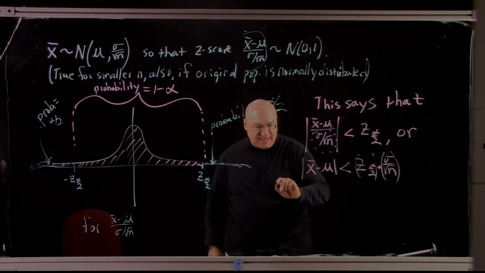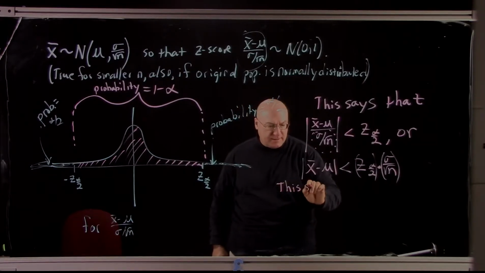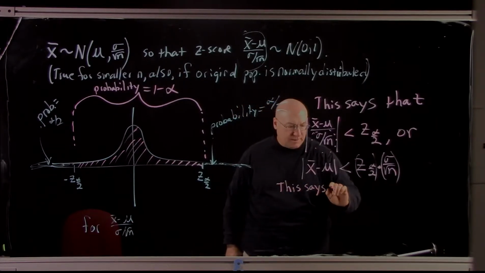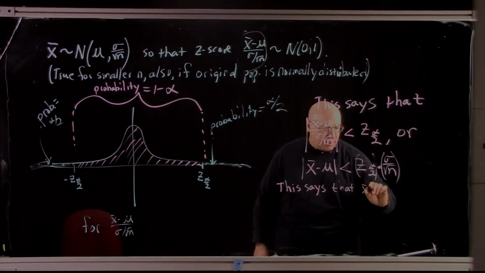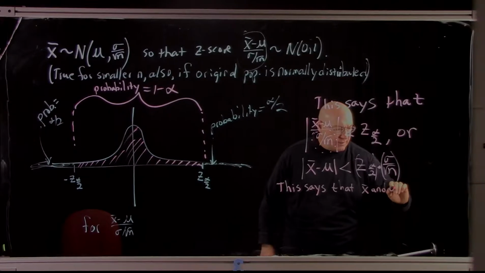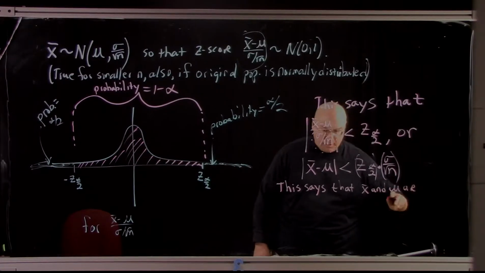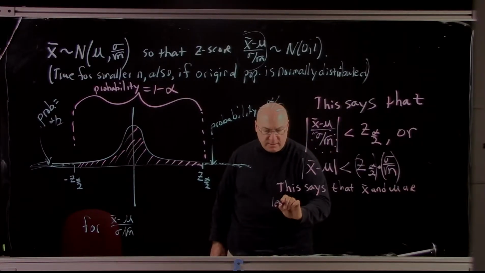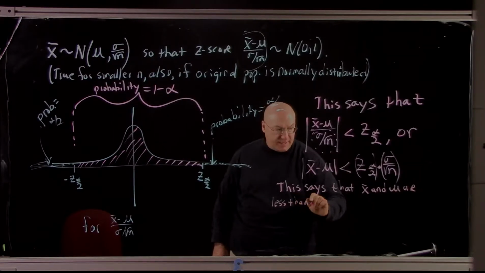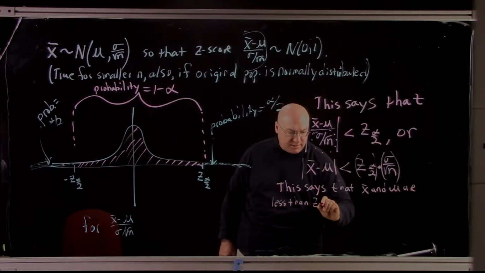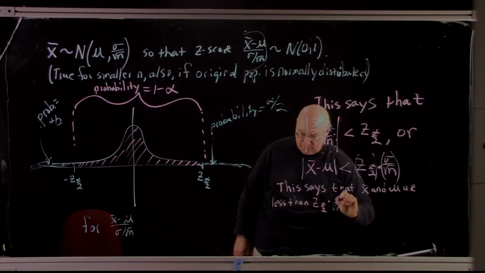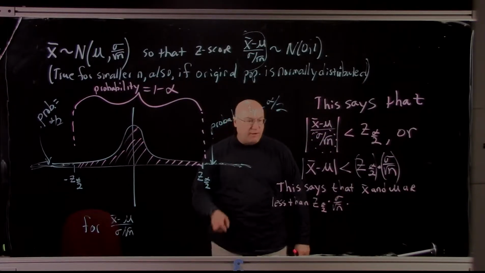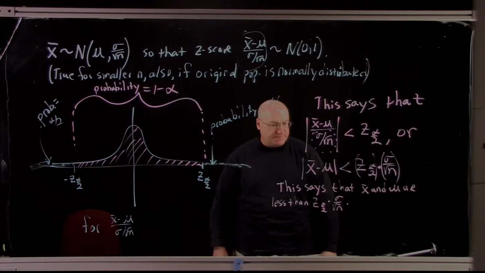So this says that x bar and mu are less than this much apart. I have one more thing to write.